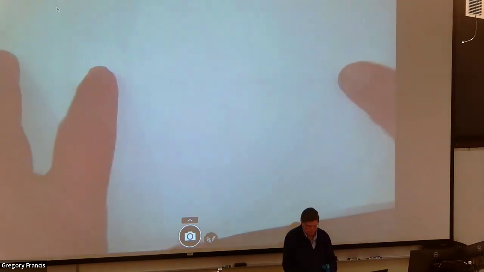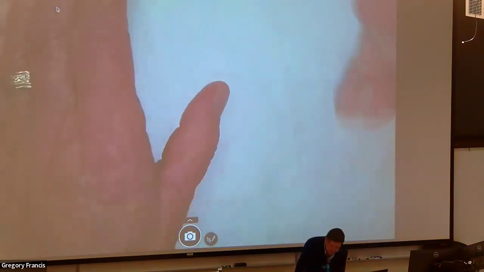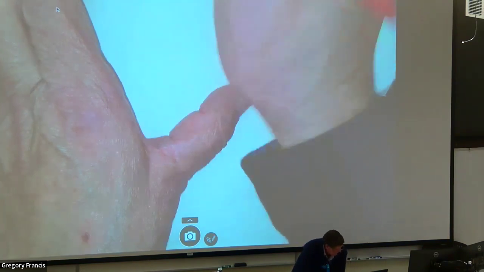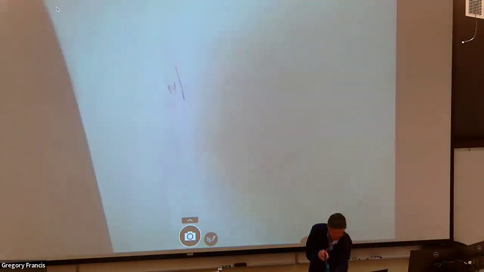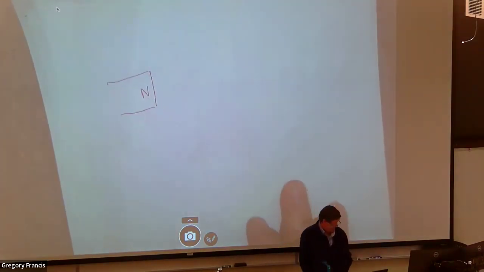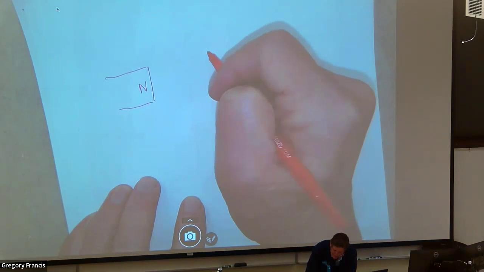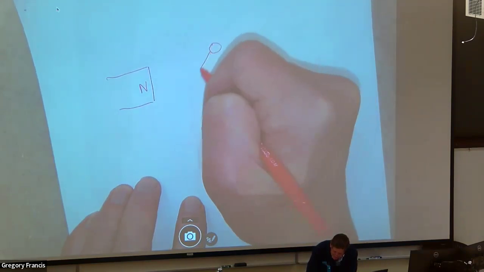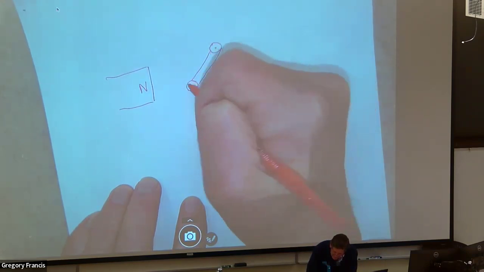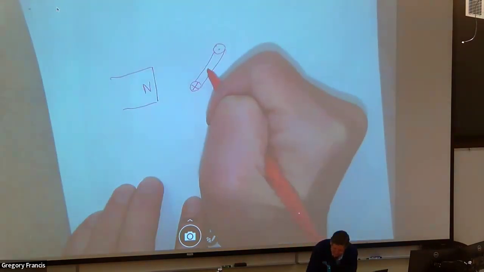If you have a loop that can rotate, let's say I've got a North Pole and let's say a current loop that is free to rotate about some center.